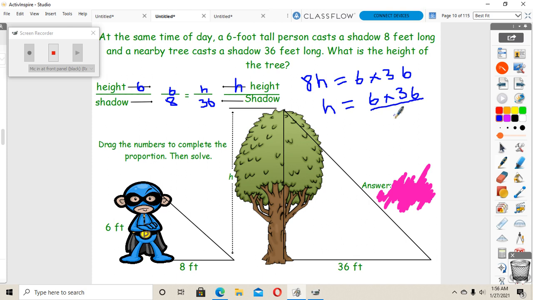We simplify it: 4 twos are 8, 4 nines are 36, and 2 ones are 2. Simplifying, 2 threes are 6, which gives us 27.